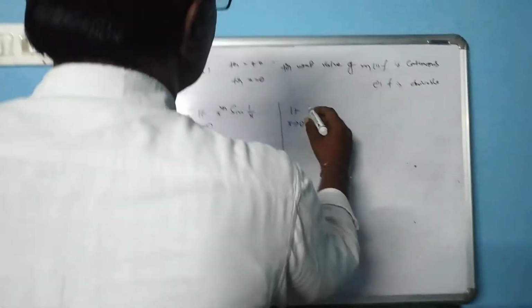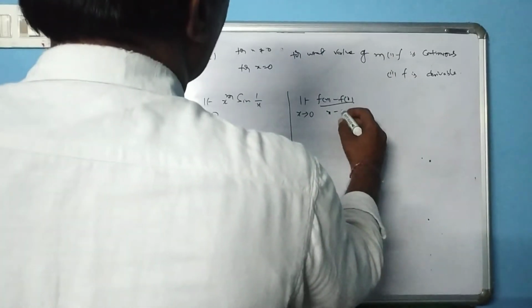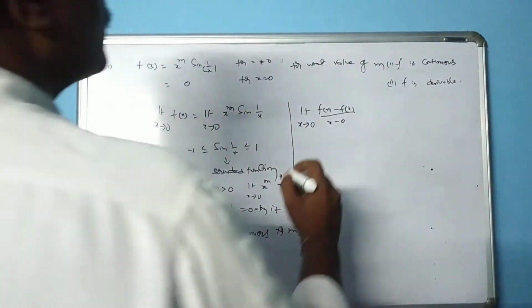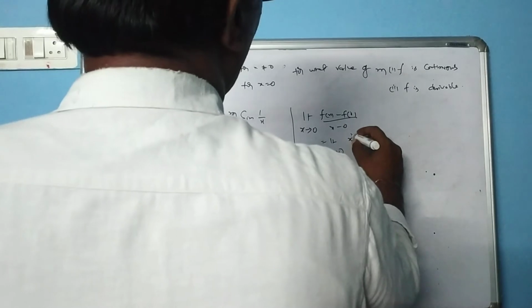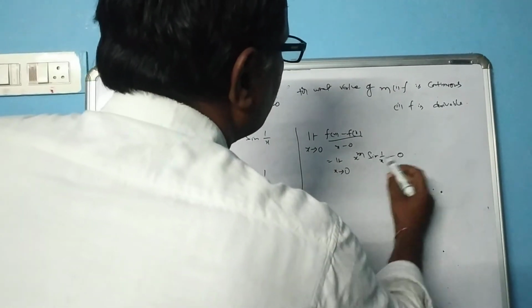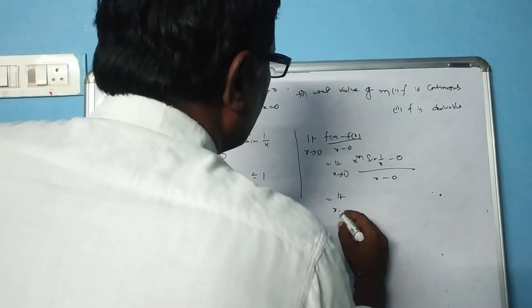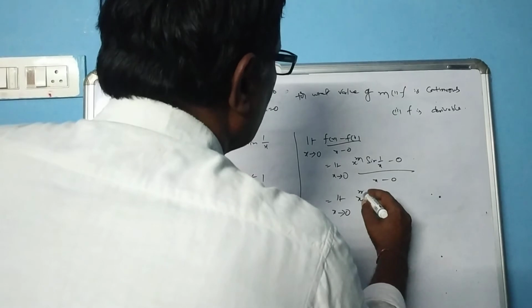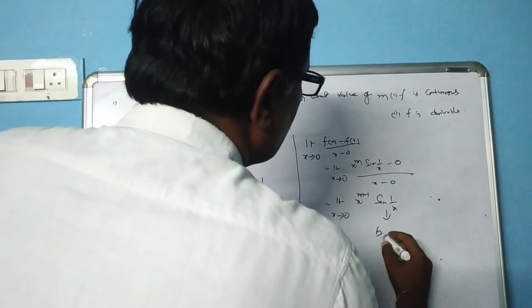Okay friends, let us examine the derivability. The limit as x tends to 0 of (f(x) - f(0)) / (x - 0) becomes the limit of (x^m sin(1/x) - 0) / (x - 0), which is the limit as x tends to 0 of x^(m-1) sin(1/x). This is a bounded function.